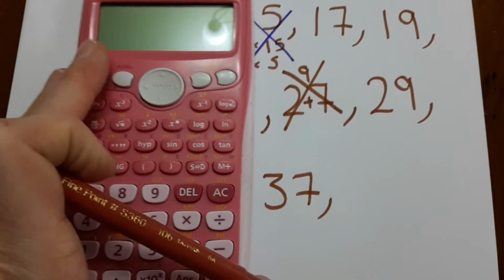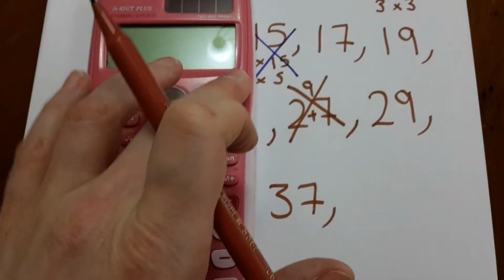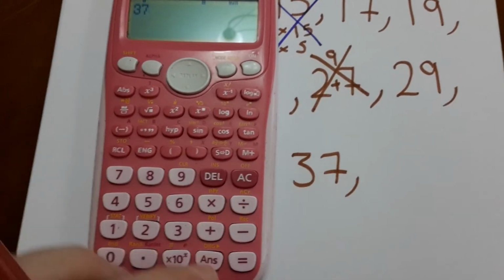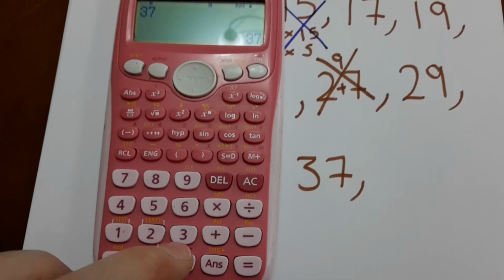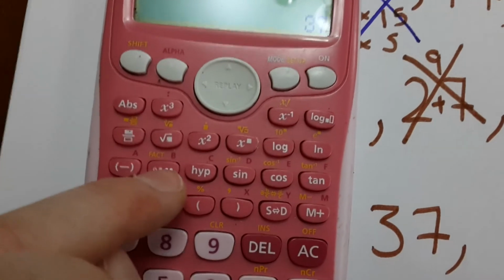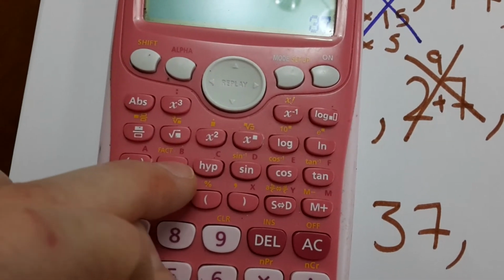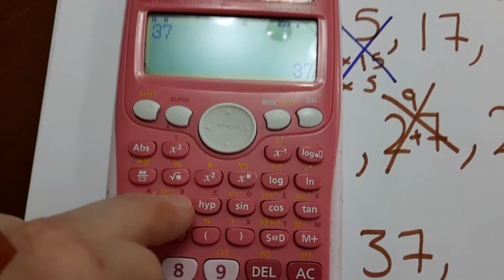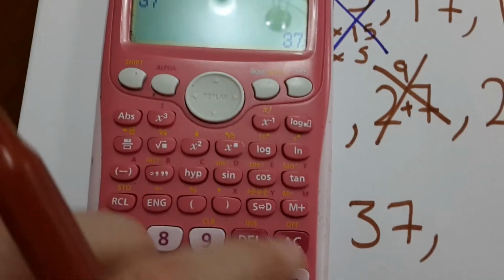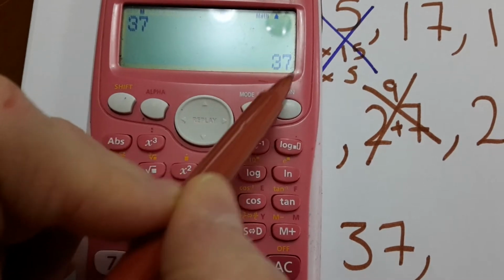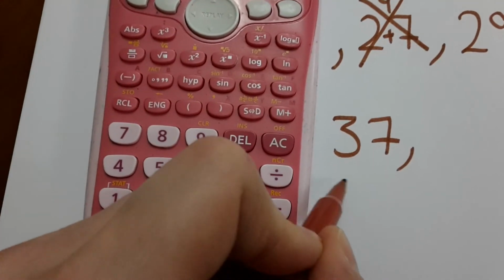Basically, if you type in the number that you want to check, whether it's prime or not, you must press equals to get it to show in this corner, then press shift, and there's a button above which it says fact for factorise. If you press shift and then factorise, if it's prime, it will literally just stay in the corner as it is. So I know that that's definitely prime.